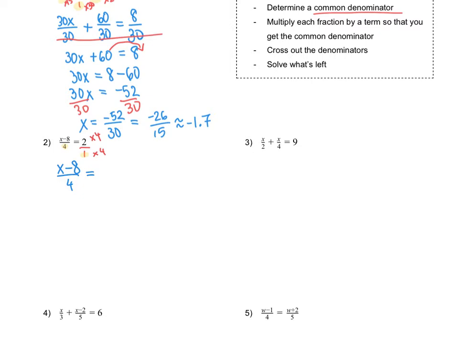What I do to the bottom, I do to the top, so it becomes 8 over 4. Now, the magic show, the denominators cancel out, and we can just focus on x minus 8 equals 8. And this is actually a nice one-step equation. We bring the negative 8 over, and it becomes positive 8. So we get 16.